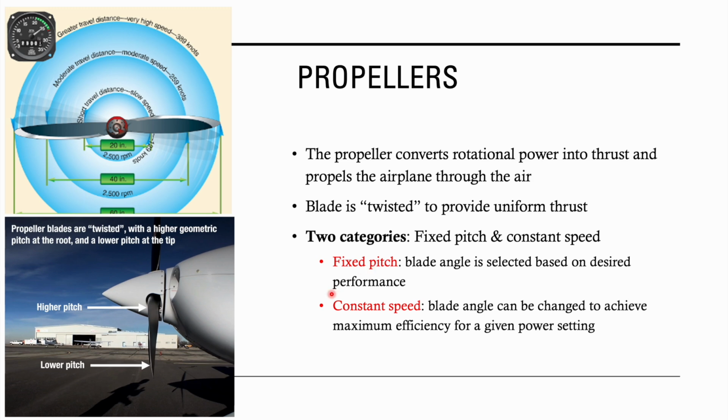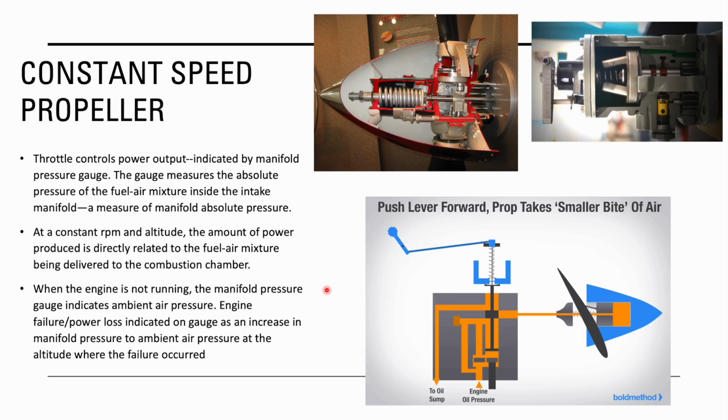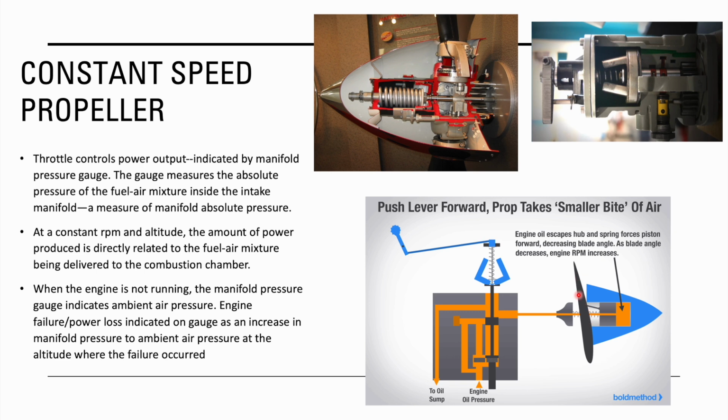A constant speed propeller has the advantage that you're actually able to control the blade angle. Each blade is attached individually to the hub. If you look right here, just by controlling the prop lever, you're changing how much oil you're allowing into this chamber right here, and that controls the blade angle.